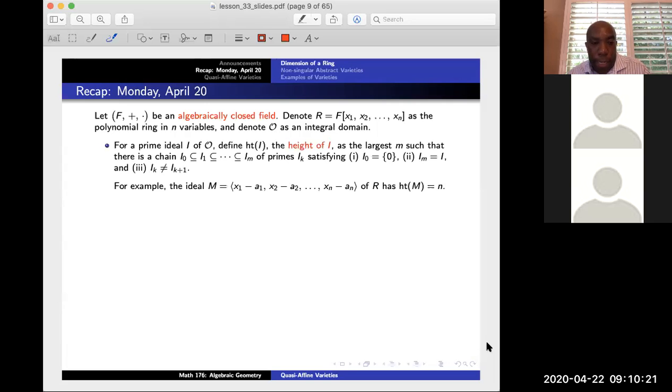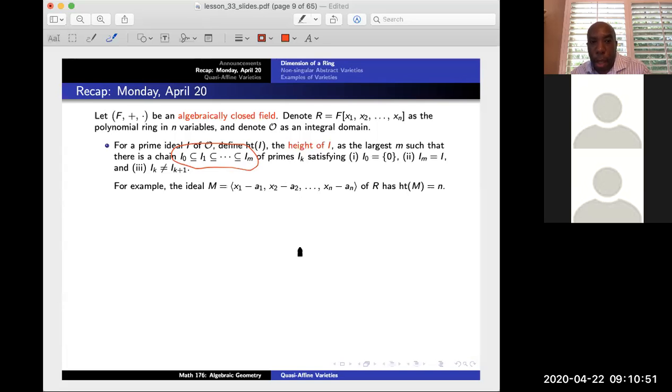So first we have this idea of the height of a prime ideal. Given a prime ideal I of our integral domain O, the height here will be the length of the longest chain we can write down. So here I0 is the 0 ideal, IM is the prime ideal I, and then we'll just have some chain of ideals that are not equal to each other as we go from bottom to top.